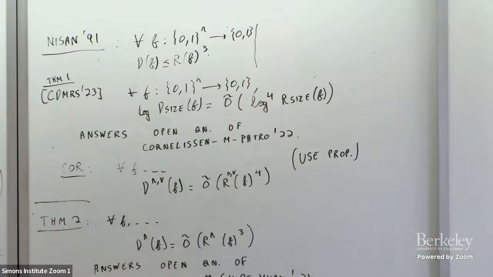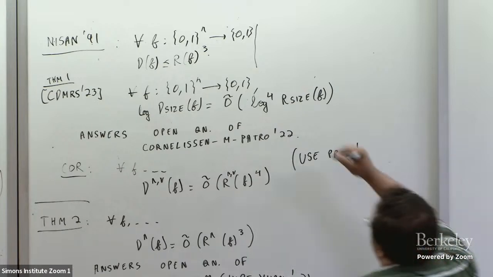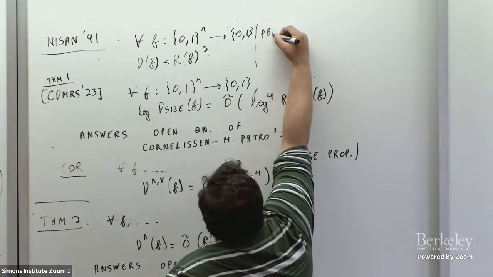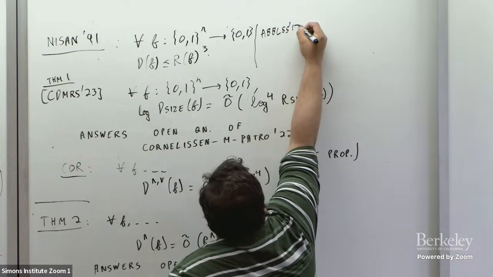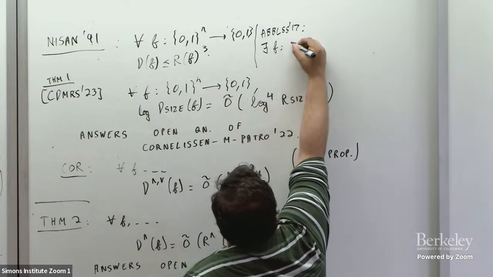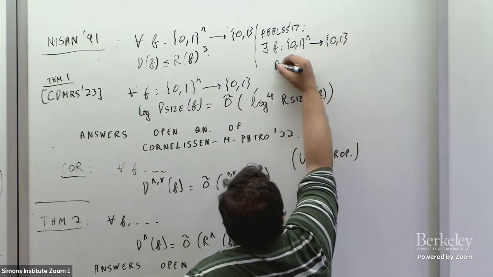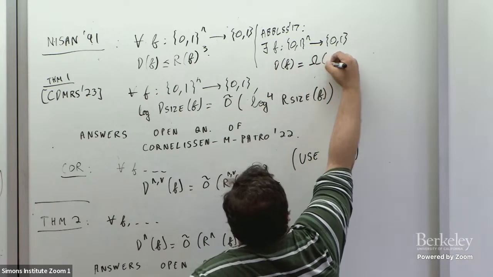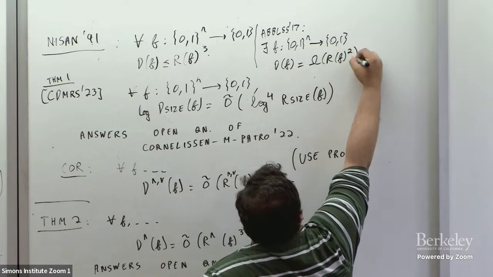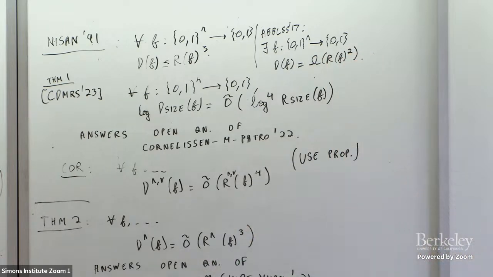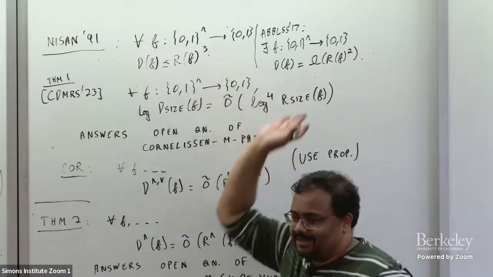I'm not going to write down all the authors because it's going to take me some time, so I'll write down the initials, A, B, B, L, S, S. So it's not known what the true polynomial separation is here.